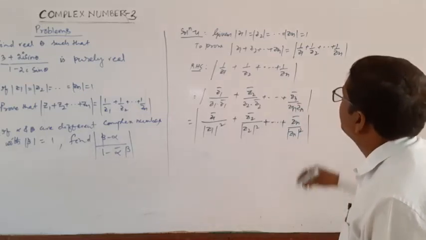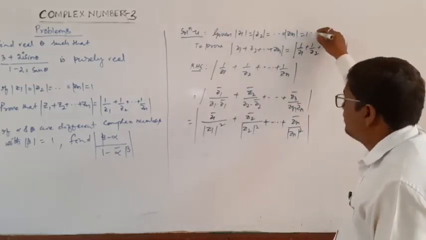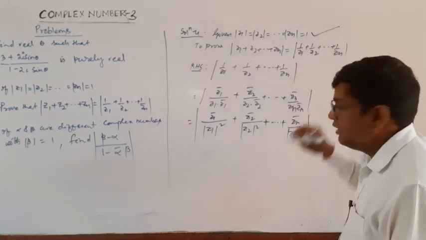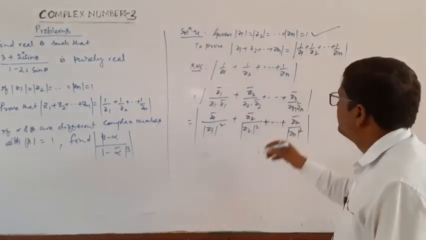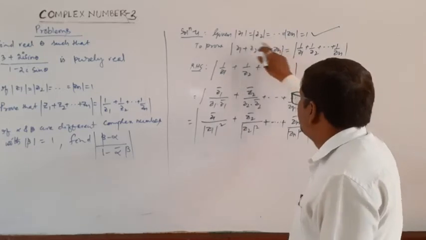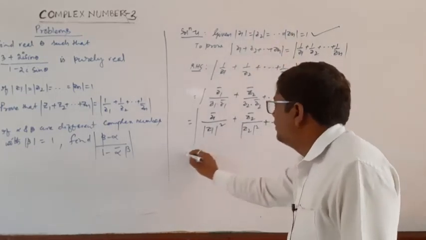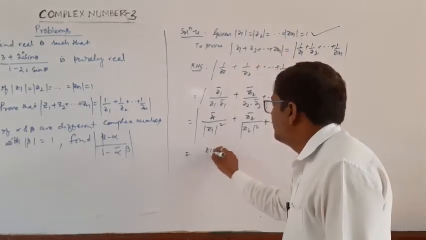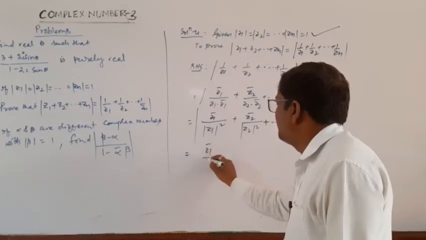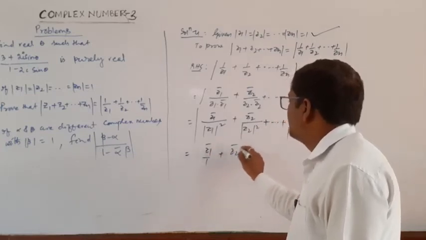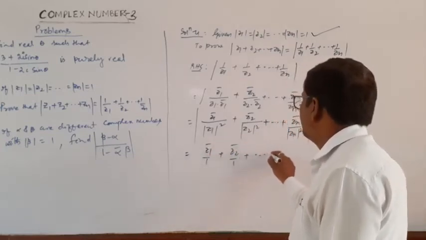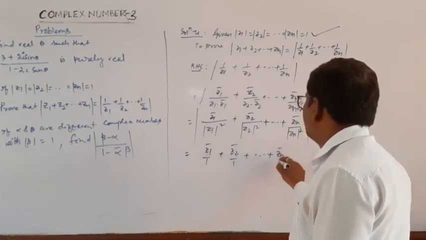Since given |z1||z2|...|zn| is 1, apply this. Suppose this value of |z1| is equal to 1. So this is equal to z1 conjugate by 1 plus z2 conjugate by 1 plus zn conjugate by 1.